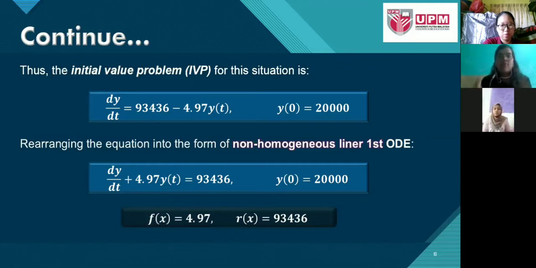This is in the form of a non-homogeneous linear first order ODE, also with the initial value at 20,000. So when we solve it, we get that fx equals 4.97, whereas rx equals 93,436.